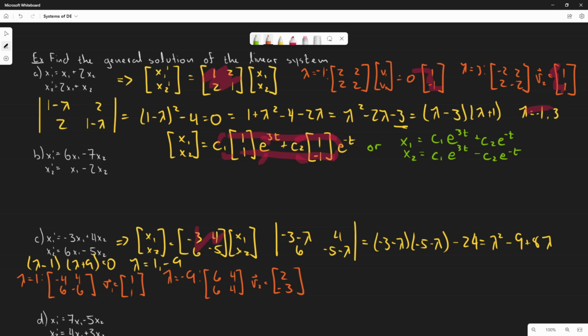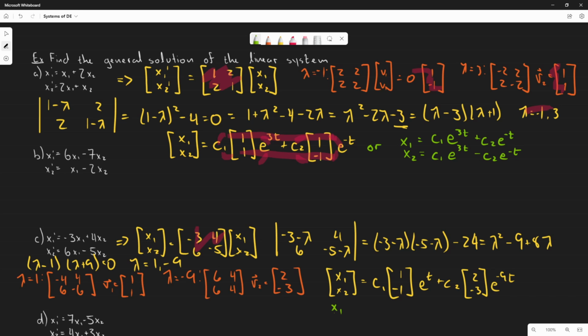Our solution, putting this all together, will be x1, x2 is equal to, gotta put in the constant, c1, times the first eigenvector, with the eigenvalue of lambda 1, so e to the t, plus c2 times 2, negative 3, e to the negative 9t.